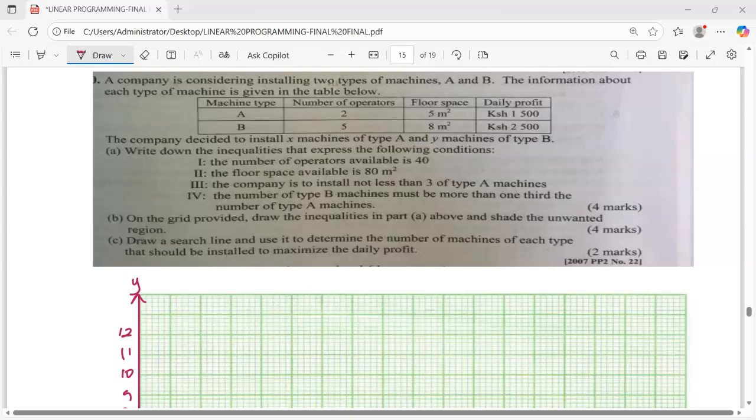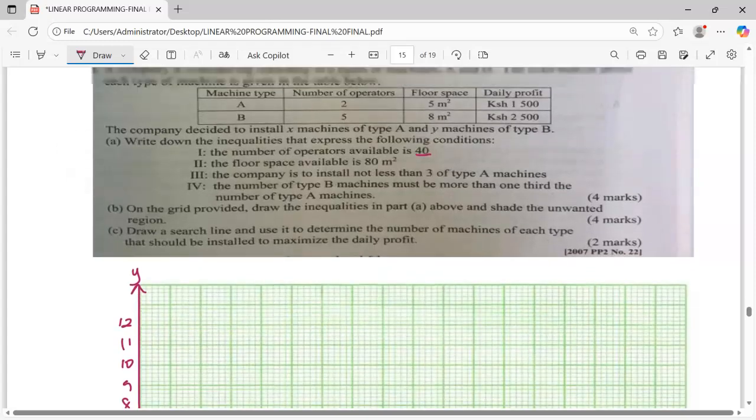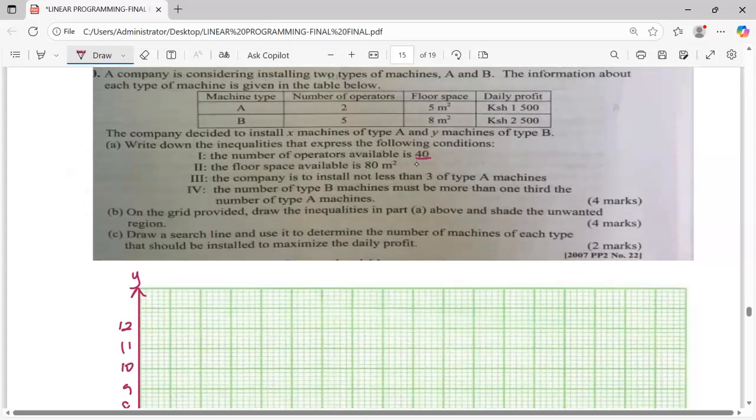Part A of the question: write down the inequalities that express the following conditions. The first condition is that the number of operators available is 40. Remember, machines are directly proportional to the number of operators.